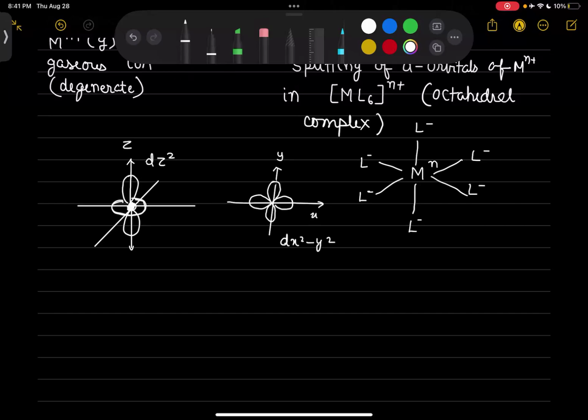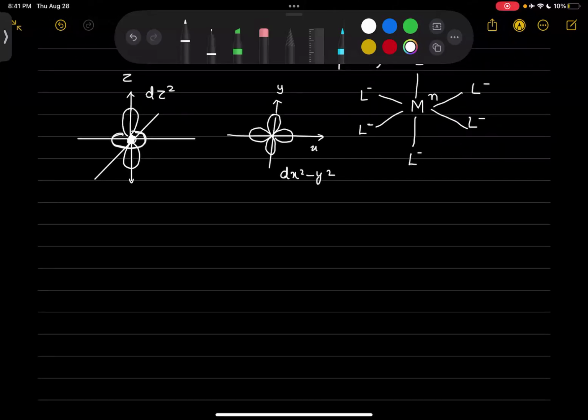Okay, and there are 3 orbitals where the electron density is not present along the axis but in the middle. For simplicity, I am not showing all the 3 axes. In each diagram, I am showing only those axes between which the d orbital is present.